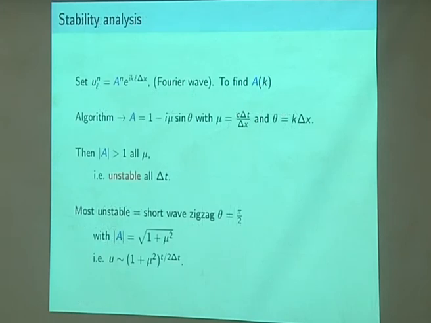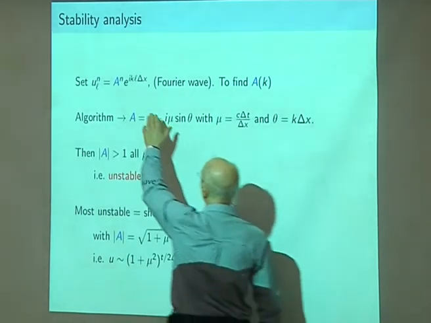So all the way along, we're going to have to look at the 6 different routines to find out, are they stable? How do you find out whether they're stable? There's a standard method, and I'm showing you the details for one and then the results for all the other ones. What you do is you substitute effectively a Fourier wave.